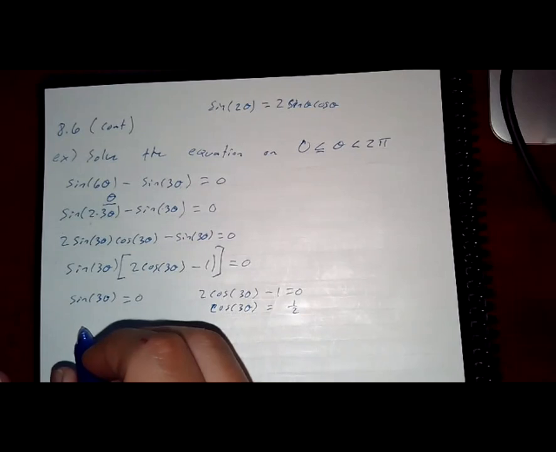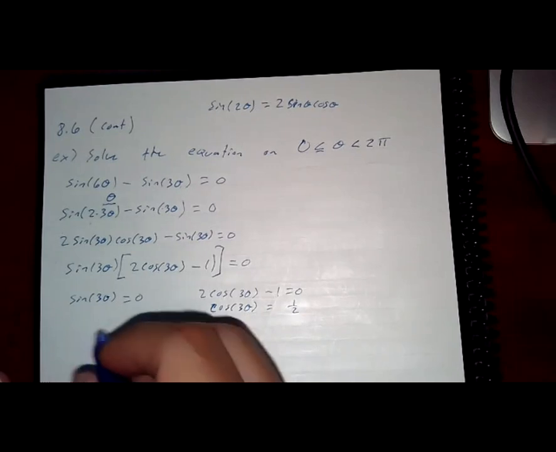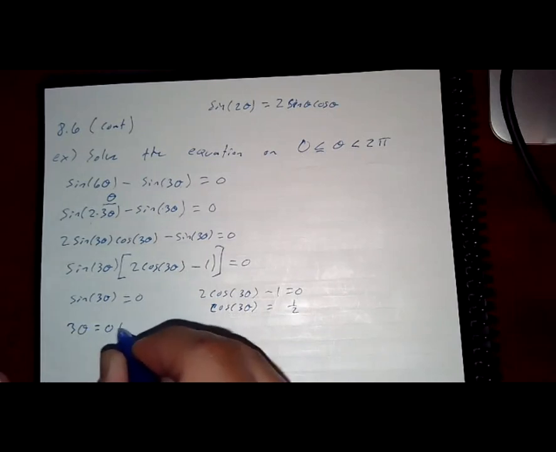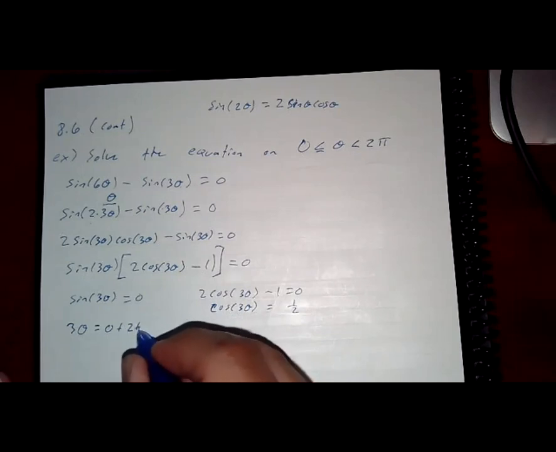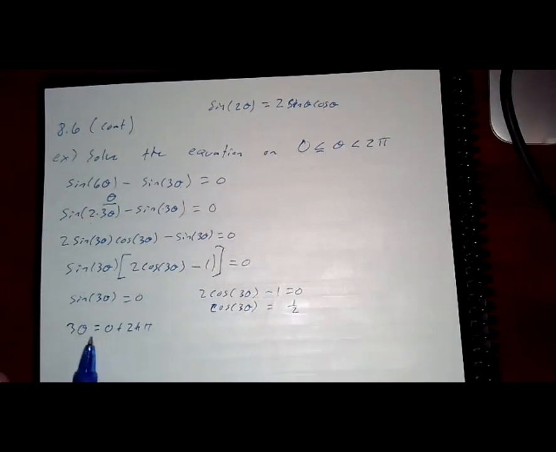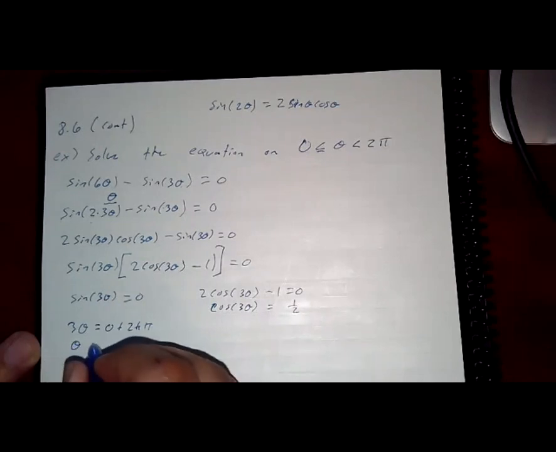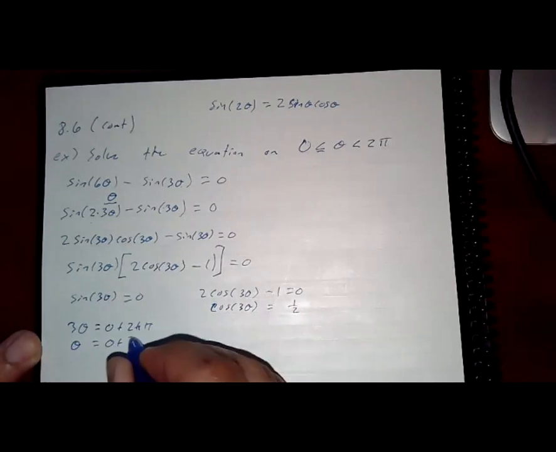If we just treat it as one angle, 0 plus 2k pi would be where any sine function is equal to 0. But since it's not just theta, I have to divide it out, which would give us theta equal to 0 plus 2k pi thirds.